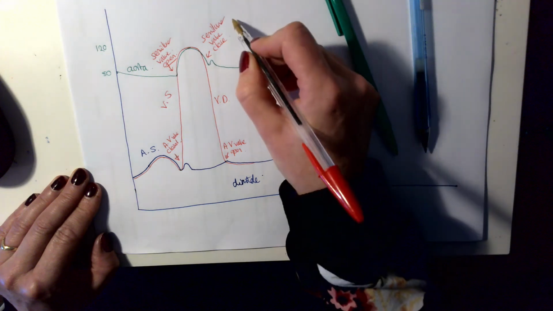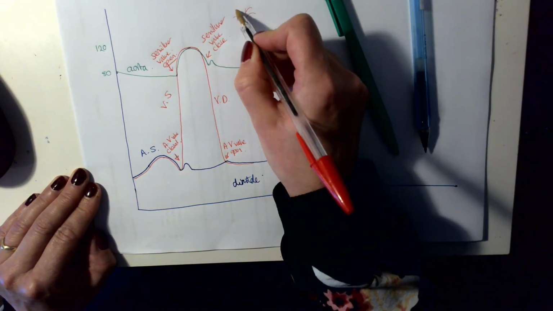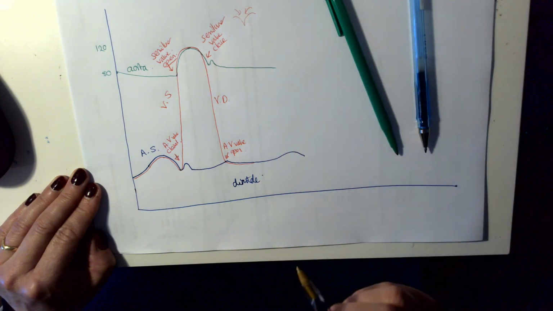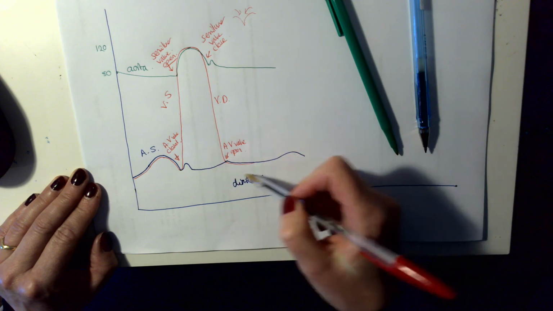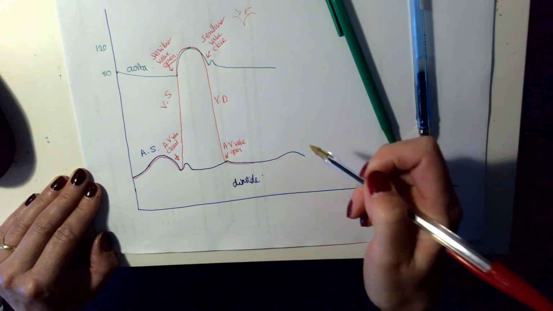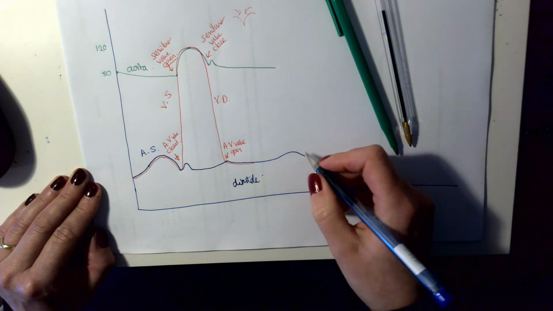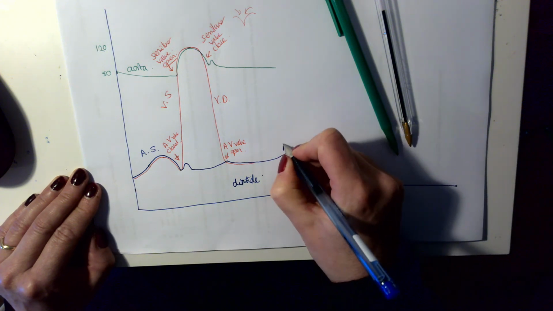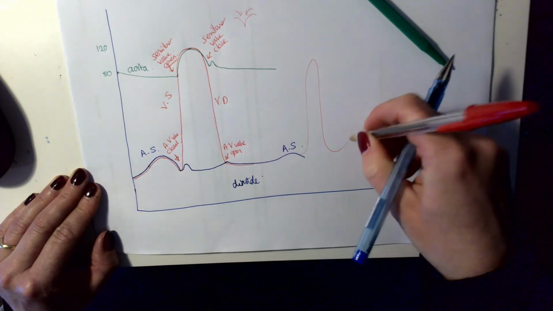And as we know, those semilunar valves are kind of cup shaped, so as the blood falls back on it, it will close that valve, and then the blood will be taken away in the aorta. Then we have a small pause, which is diastole, and then the next phase begins again, the cardiac cycle, where your atrial walls contract, etc.